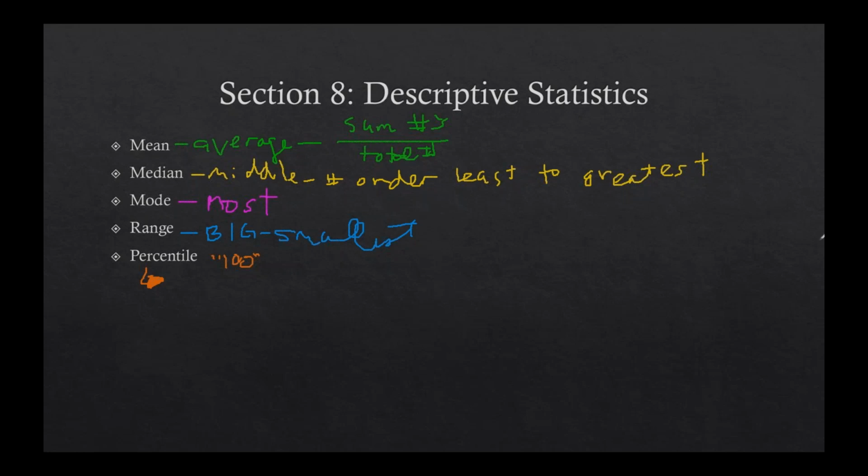Now with percentiles, that's another pretty straight line. If we have 100 numbers in a data set, percentiles would be easy. If you wanted the 10th percentile, it would be the 10th number, and the 20th percentile would be the 20th number.